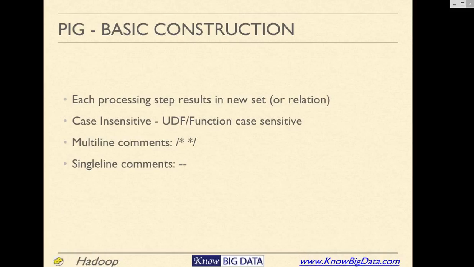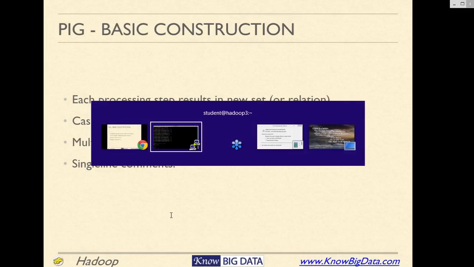Okay, so what happens in Pig is, every time you load data, Pig basically treats it as a new data set. Each processing step results in a new set. Although it doesn't store it, it basically treats it as a new data set.